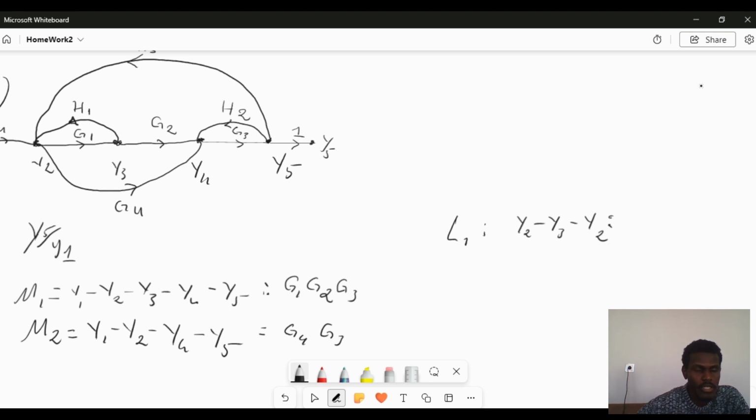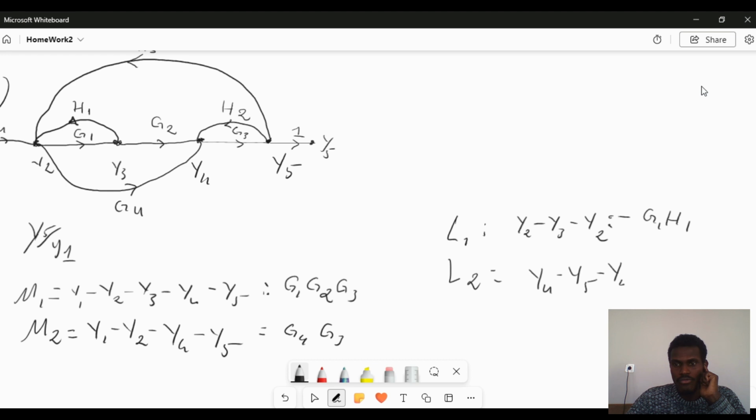Here we have only minus G1 H1. And again we have this loop y4, y5, y4, which we can call L2. Here we have minus G3 H2.